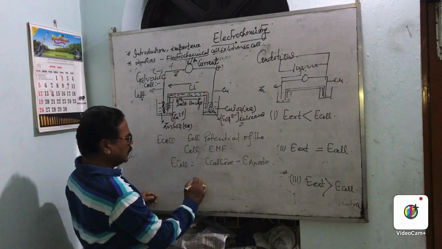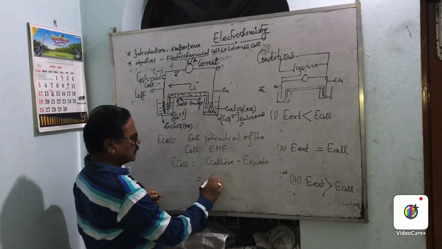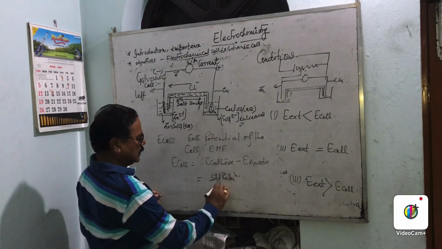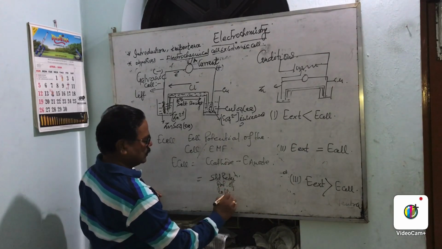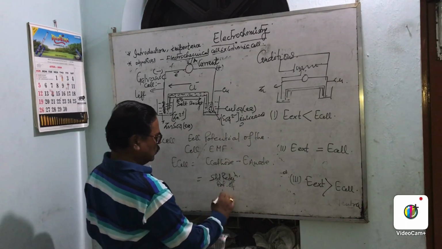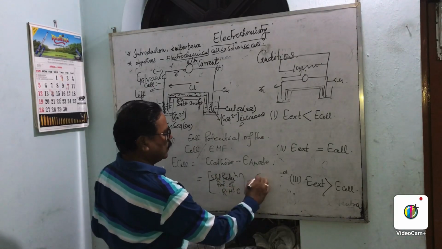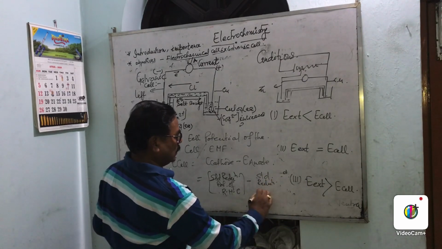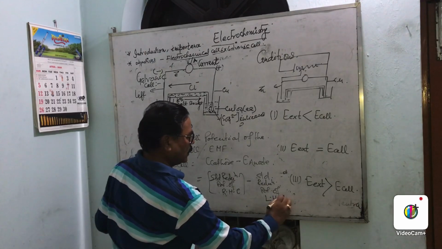Now this value is written in the standard reduction potential. This is called the standard reduction potential of right hand electrode minus the standard reduction potential of left hand electrode.